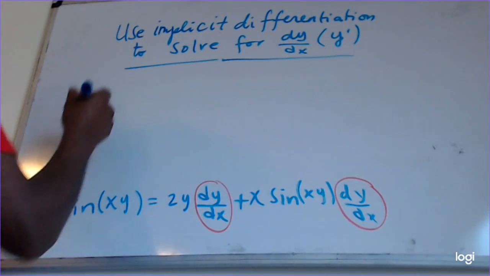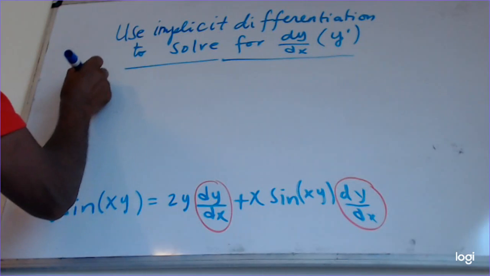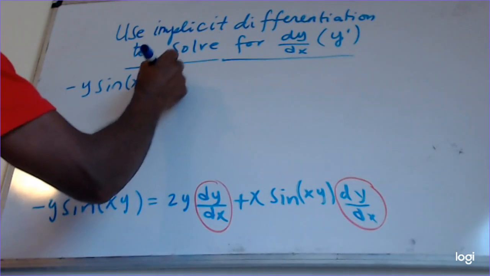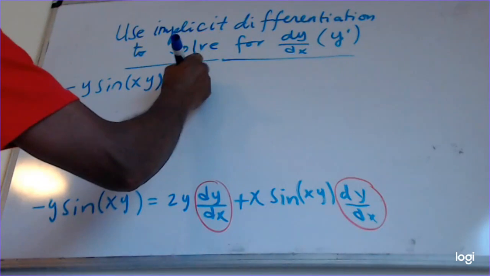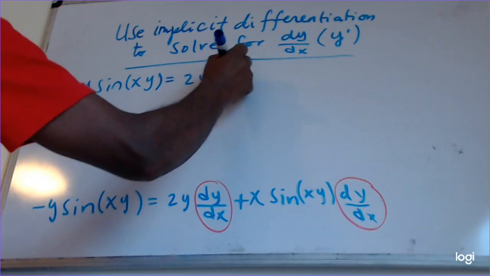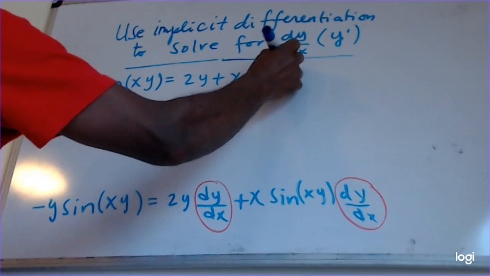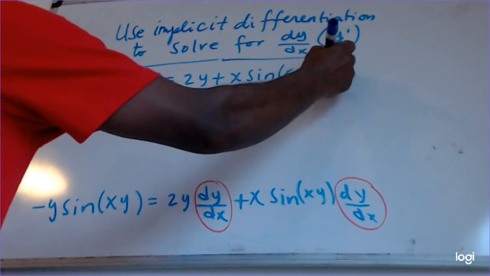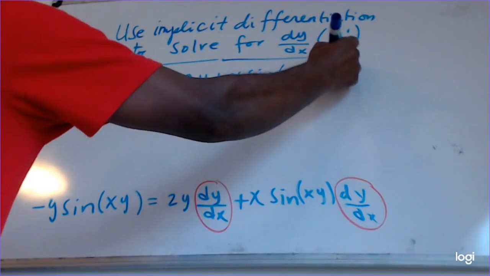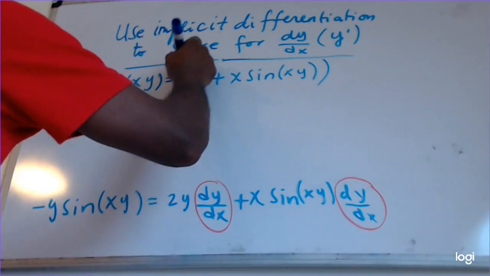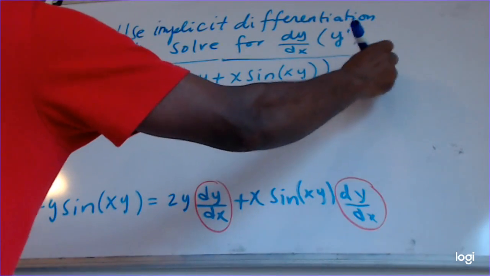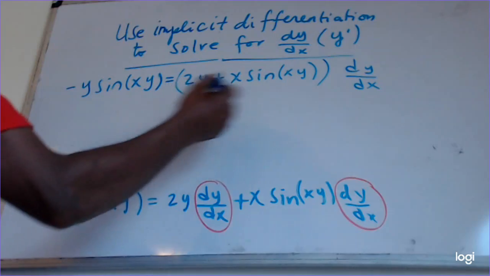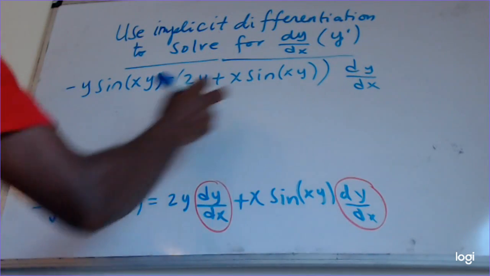So that becomes negative y sine xy equals 2y plus x sine of xy times dy/dx. Wherever you put it, it doesn't matter. I will have the dy/dx here. Then all I'm going to need to do is, of course, divide both sides by this, and I'm done.